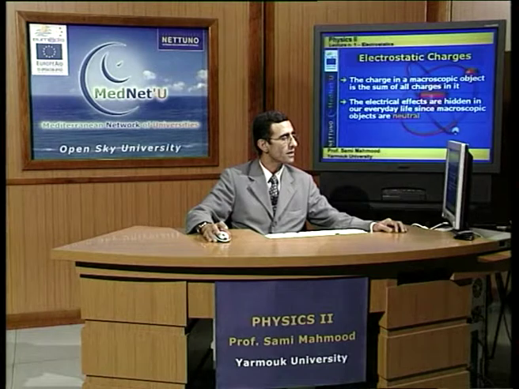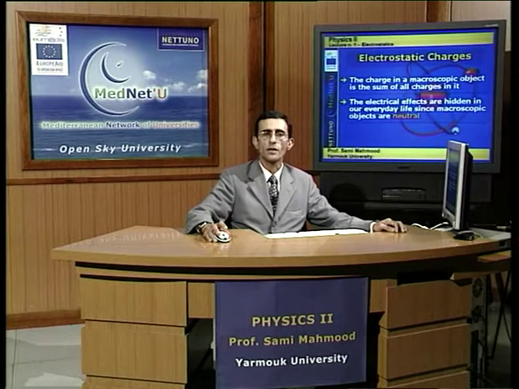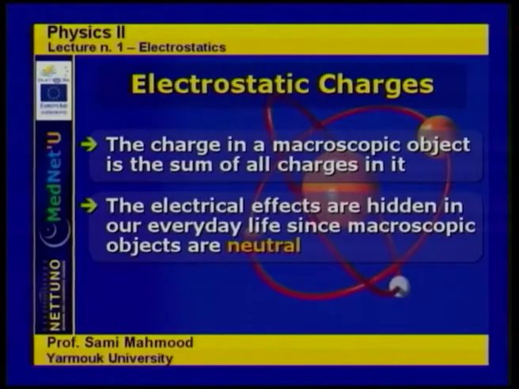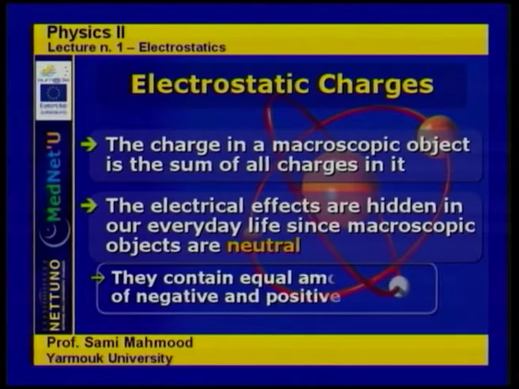And because each object contains equal numbers of positive charges and negative charges, we don't see any electrical phenomena associated with macroscopic objects, and the electrical effects are hidden because the objects are simply neutral. They contain equal amounts of negative and positive charges.